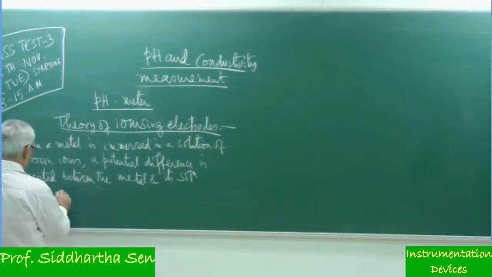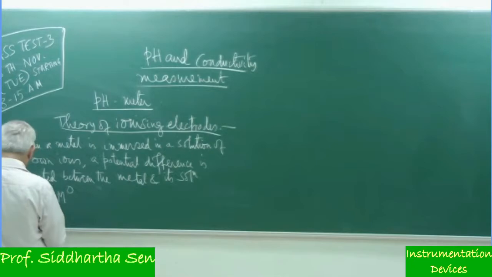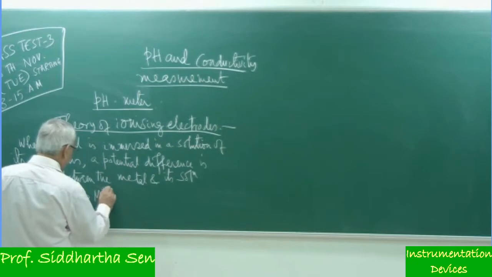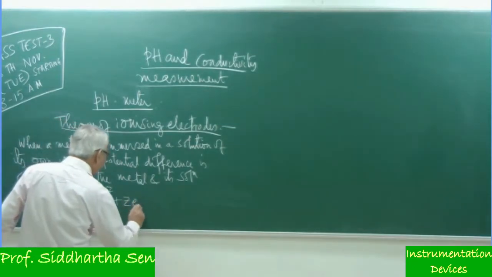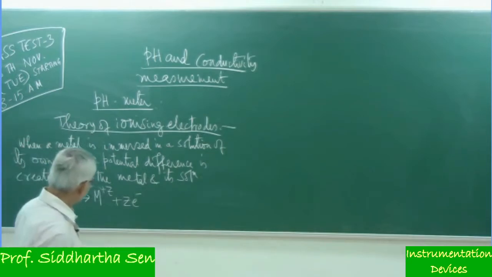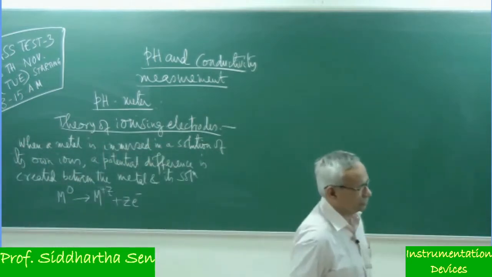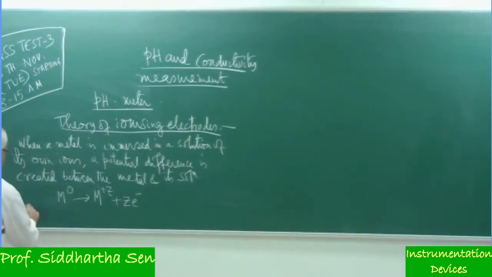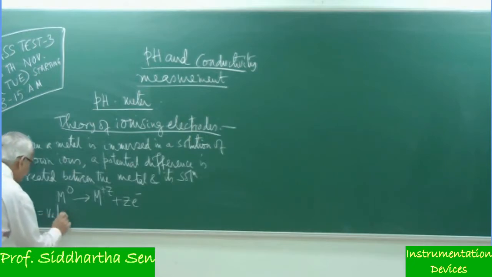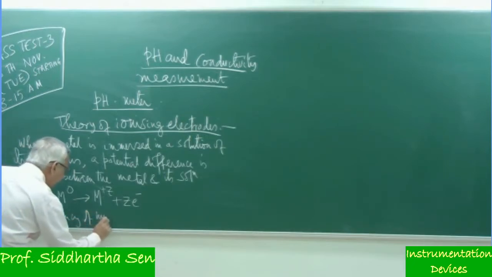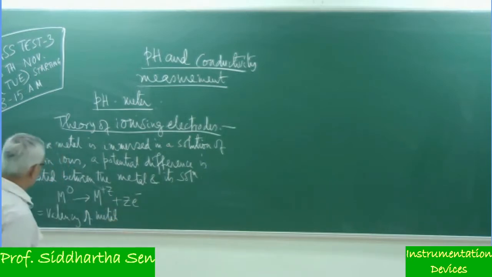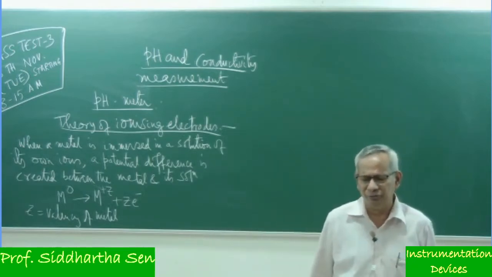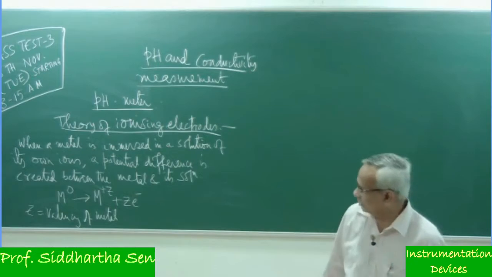Basically, if we look at it, I say M0, which is neutral. When it is immersed in this solution, it will release some of its electrons, where Z is the valency of the metal. And naturally, because of this, a potential difference would be developed between the metal and its solution.